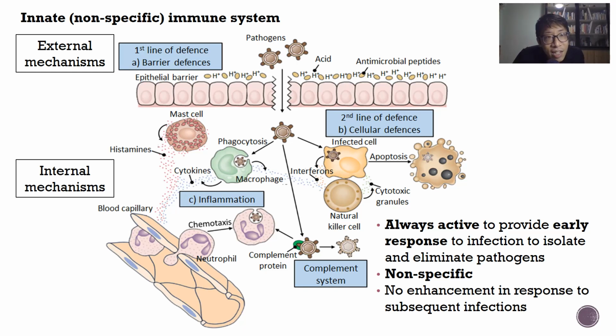The feature of the innate immune system is that it is always active. The cells do not need to be activated. They are always in the active or near active state, so they are able to function very quickly to provide the initial early response to infection.